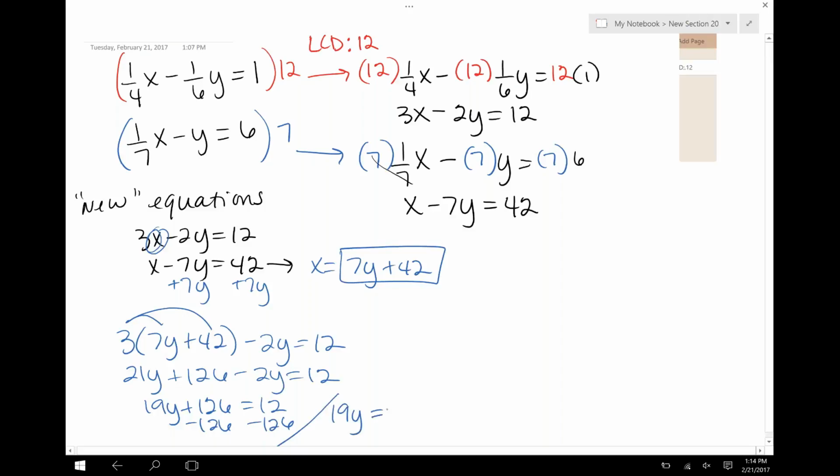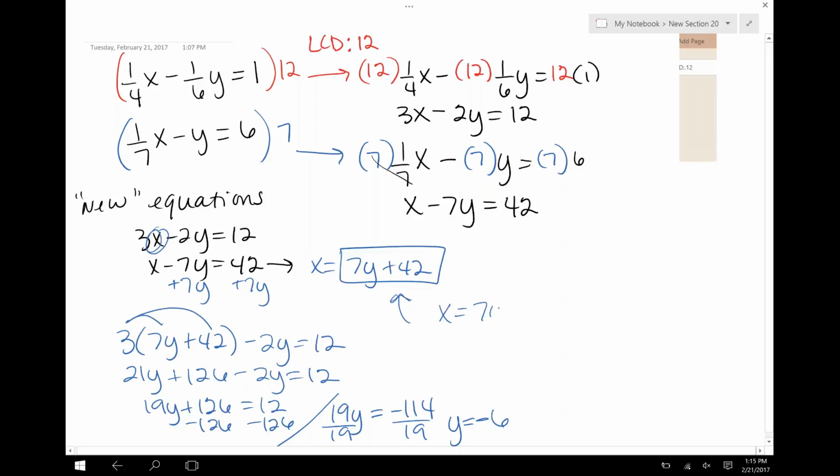So 19y equals negative 114, and divide that by 19, and I'm going to have y equals negative 6. So that is half of my solution. I need to get the other half by plugging it back into one of my equations. I'm going to use this guy here because it's already set up nicely for us.